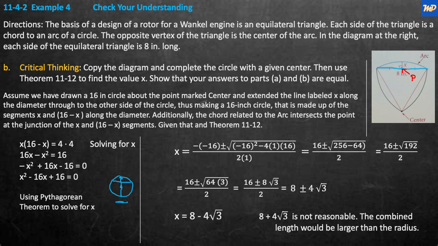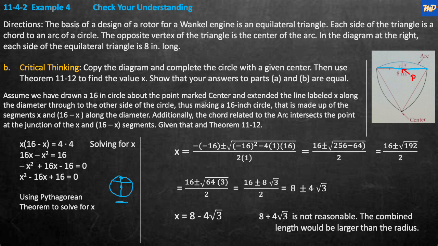Okay, 64 is a perfect square, and this is all divided by 2. So we can take the 64 out, and we can call this 16 plus or minus 8, taking the square root of 64 and getting 8, times the square root of 3, which is what's left, divided by 2.